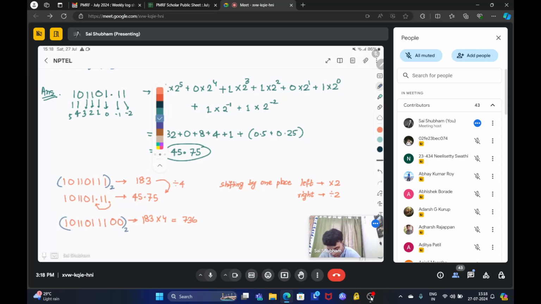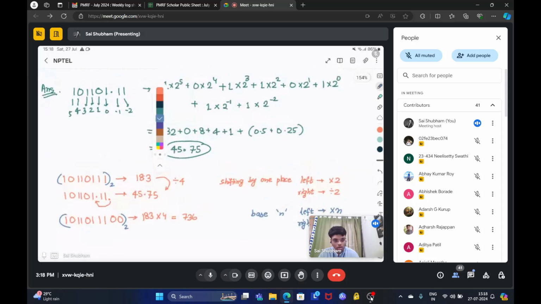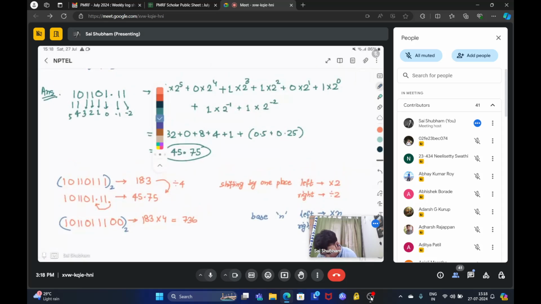If the base is n, then if you shift it left, it will be multiplication by n. If you shift it right, it is division by n. Okay, so moving on to the next question.